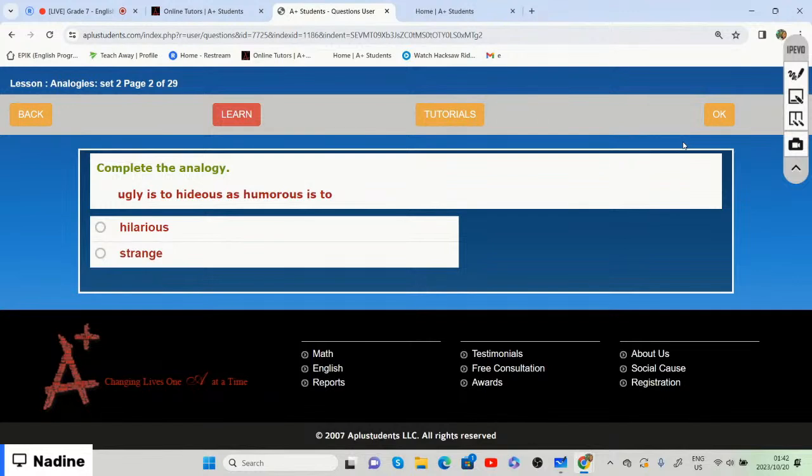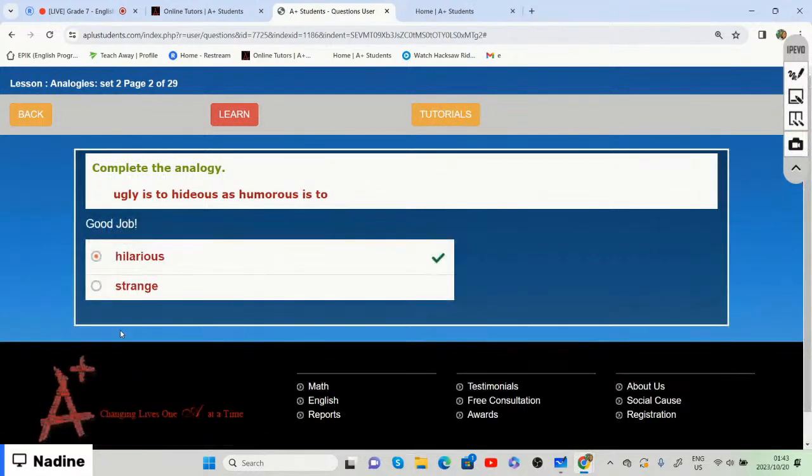So if ugly is the same as hideous, humorous is the same as hilarious, or is it the same as strange? Yes, which means that hilarious is the same as humorous. Humorous is the same as hilarious. So beautiful.